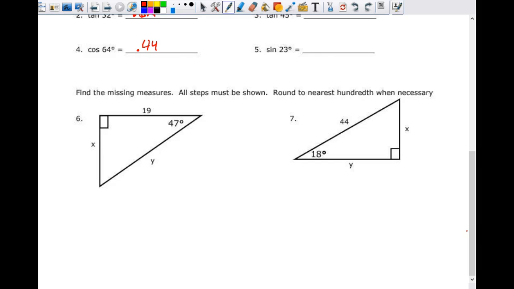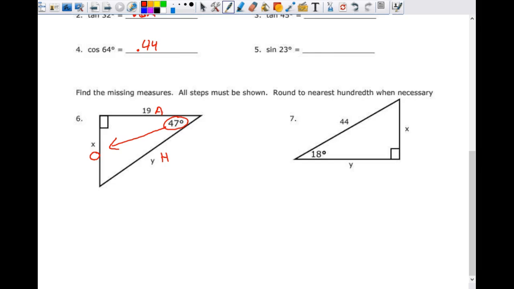So our reference angle here is 47. Opposite is x. Hypotenuse is h, and adjacent is a. Okay? So when you solve these ones, what you do is you pretend one of the variables doesn't exist. I'm going to pretend y doesn't exist.